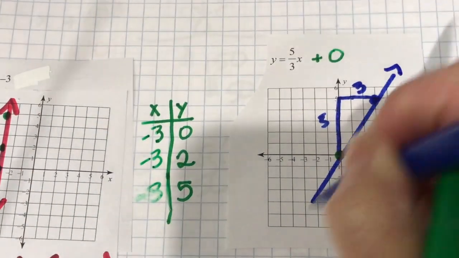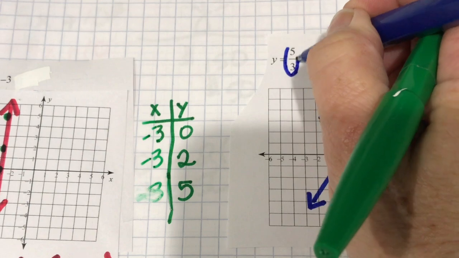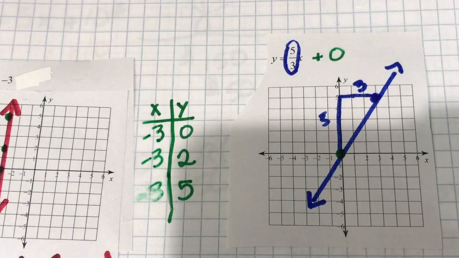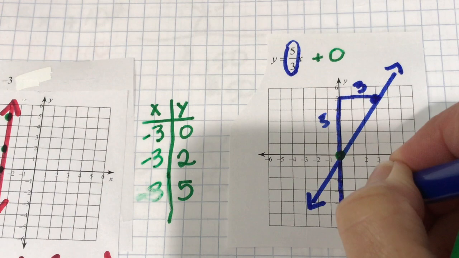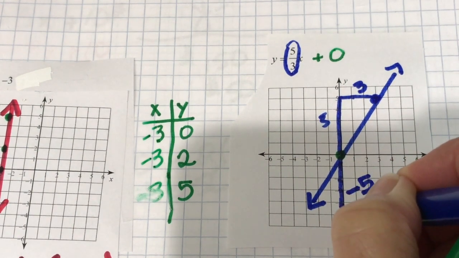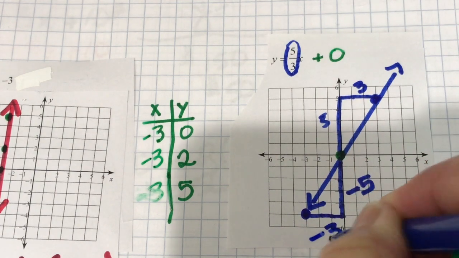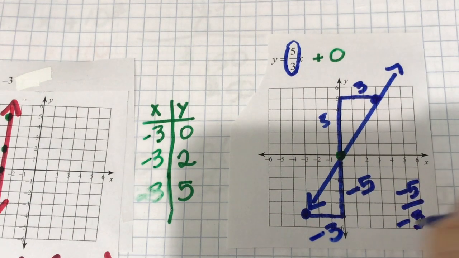And this line has a slope of 5/3. Now just for fun, I could go backwards and go down 5, 1, 2, 3, 4, 5, which would be a negative 5. And then I could go to the left 3, 1, 2, 3, negative 3, which gives me a slope of negative 5/3.